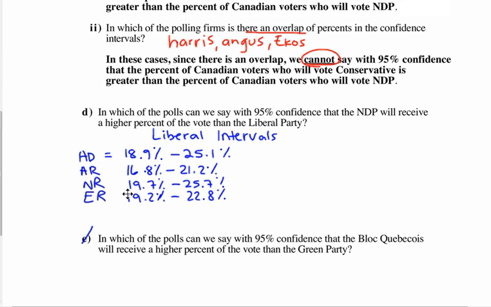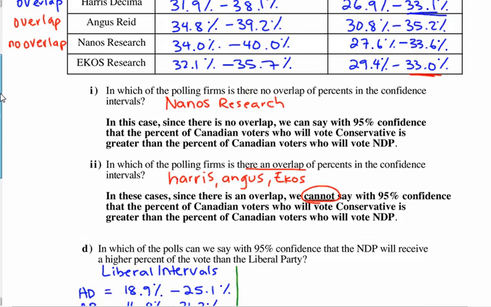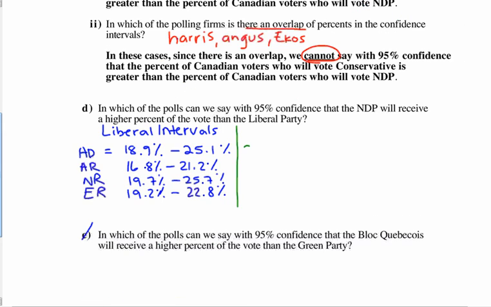Now just to review, these are the Liberal intervals. NDP intervals, if you want to write them down again so they're right beside you, we had 26.9% to 33.1%. Is there going to be any overlap here?